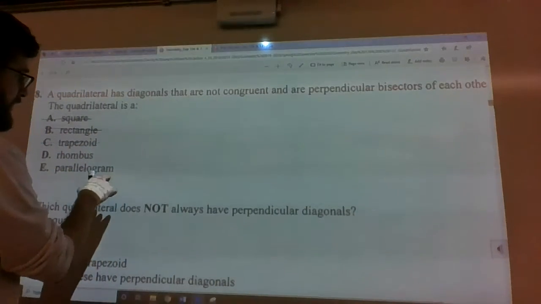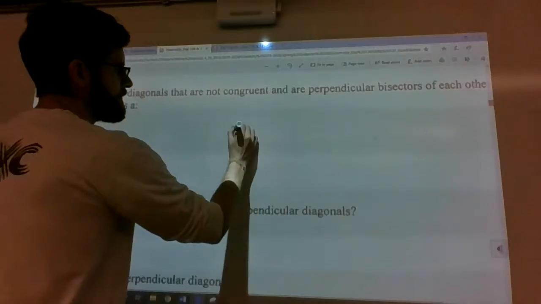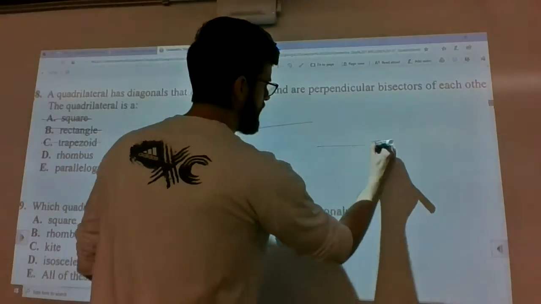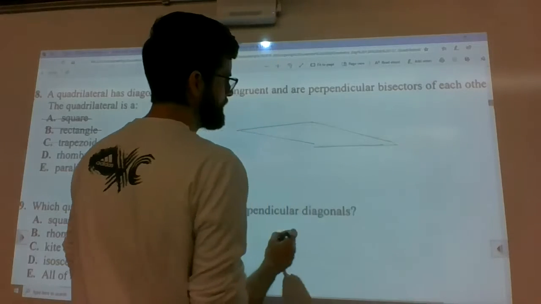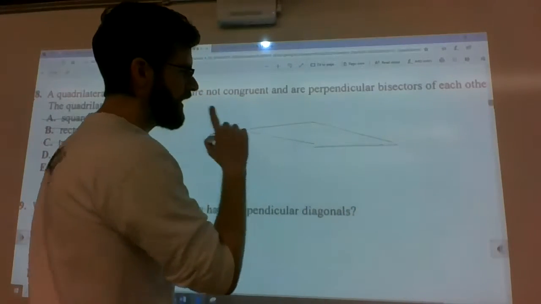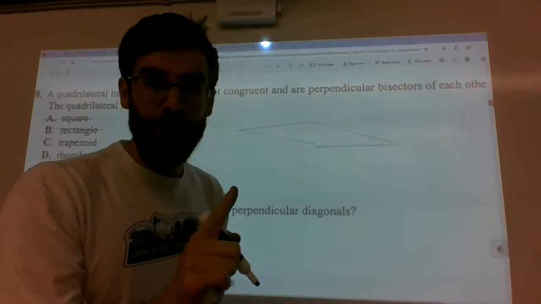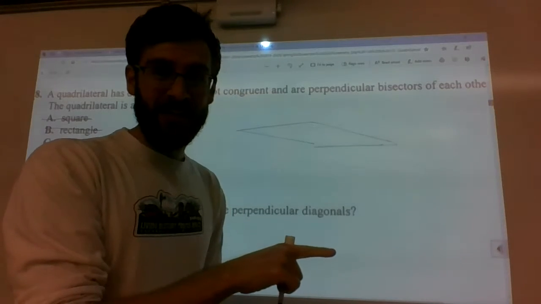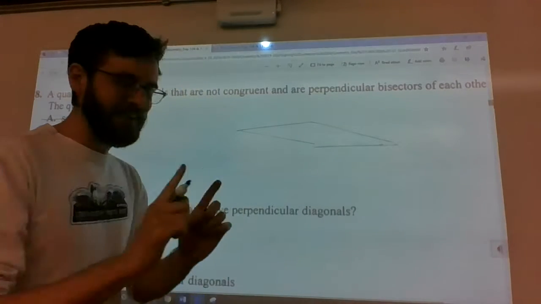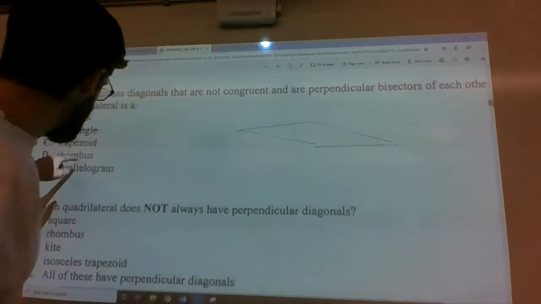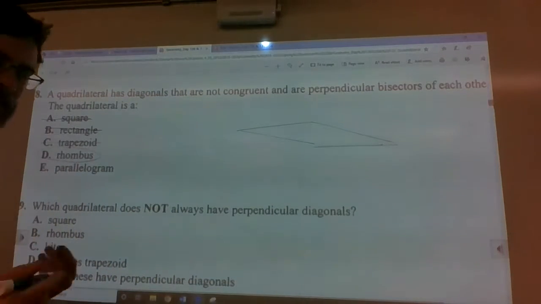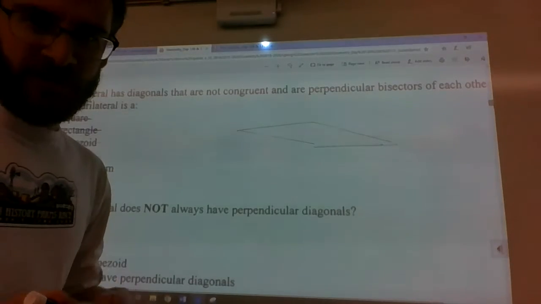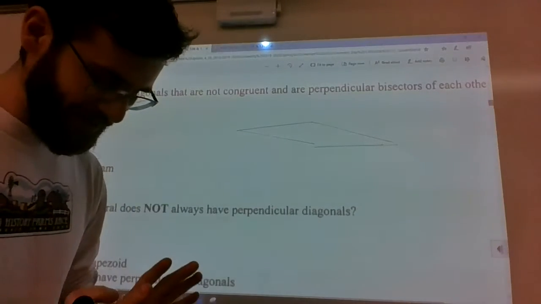A regular parallelogram? Again, I need to make sure I don't draw a rhombus or a kite because they actually have perpendicular bisectors. The rhombus, just by its defining characteristics, has perpendicular bisectors.